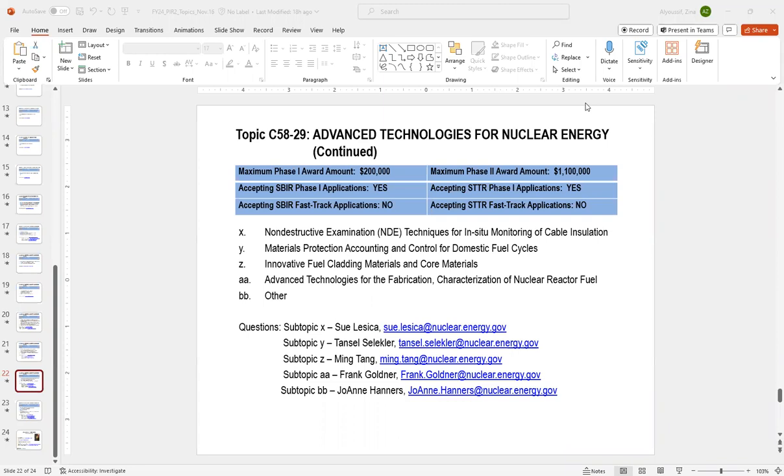But still, we're interested in improving fuel capabilities and production, and with this one, you should think that the next phase might be irradiation or something. So one should think of the future.